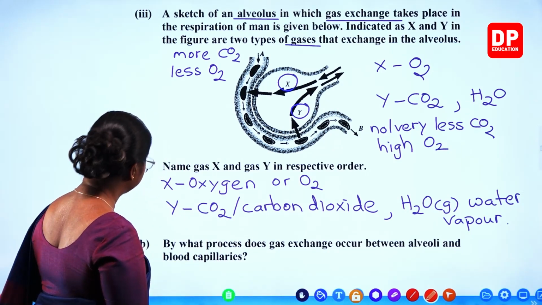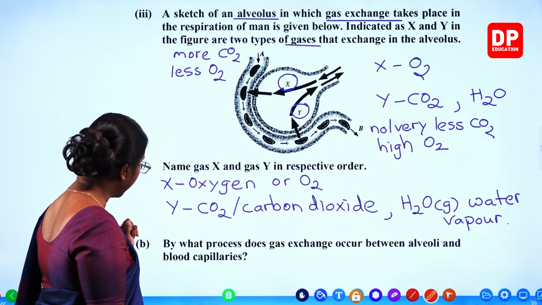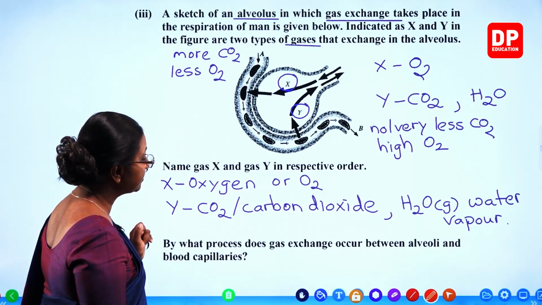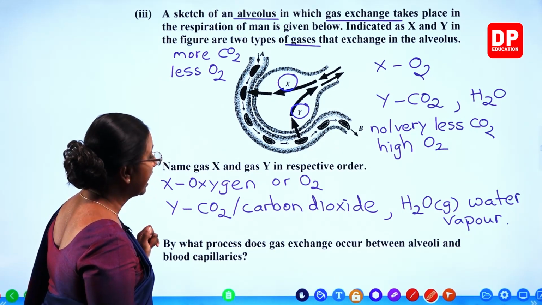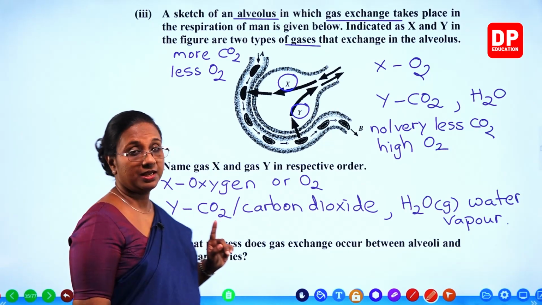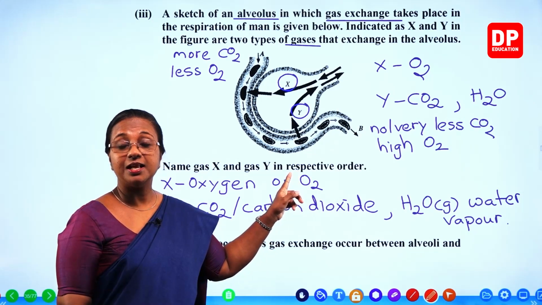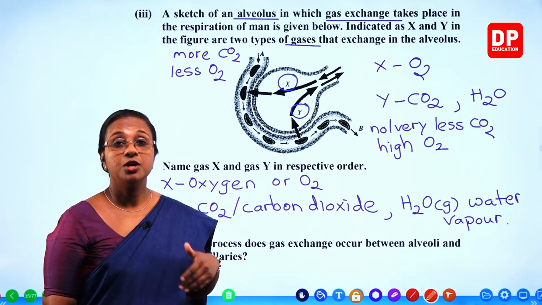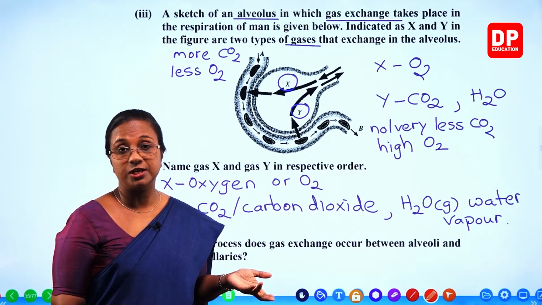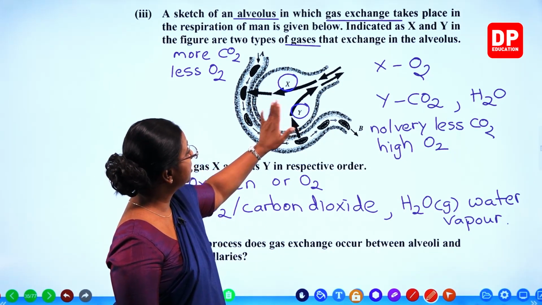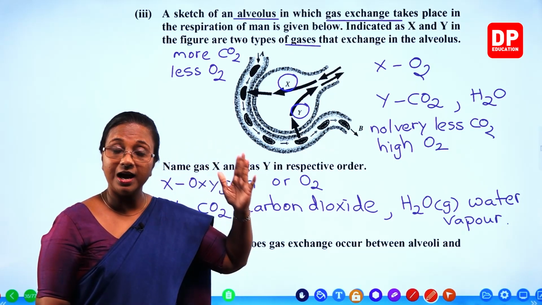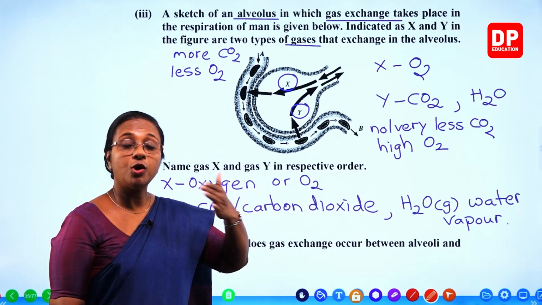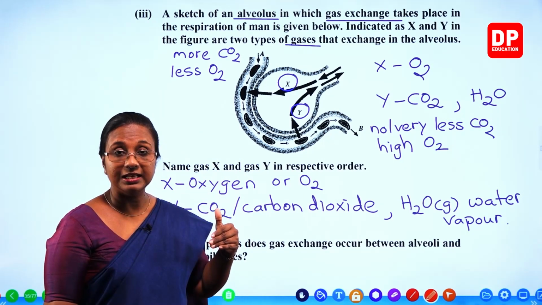You can remember that. Then B part, by what process does gas exchange occur between alveoli and blood capillaries? So when I explained it, I told you all they diffuse out. So the process is diffusion because the amount of oxygen inside the alveoli is very high and the alveolar wall and capillary wall are very thin.